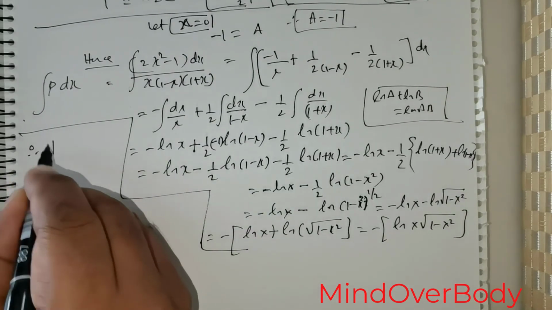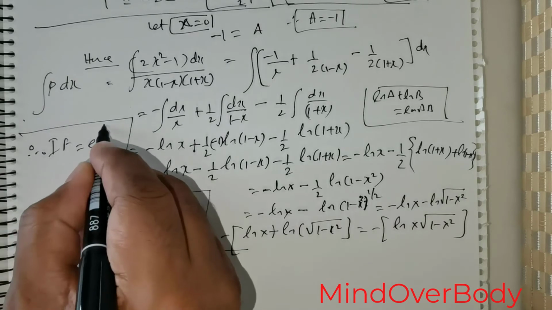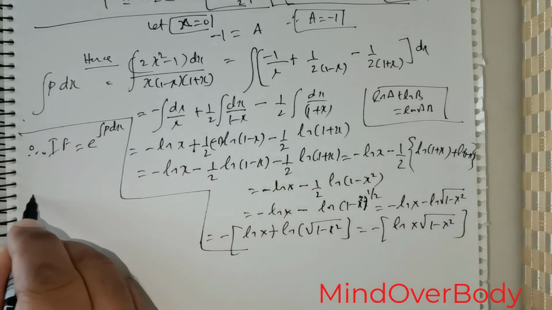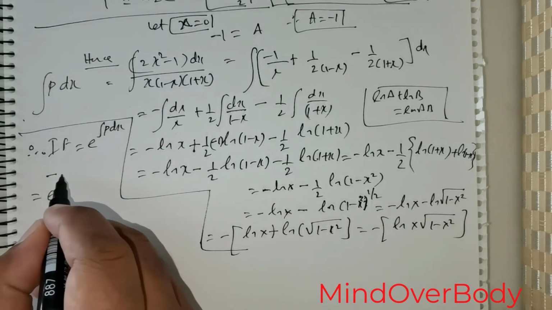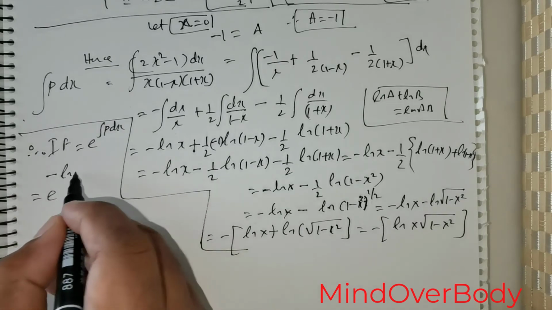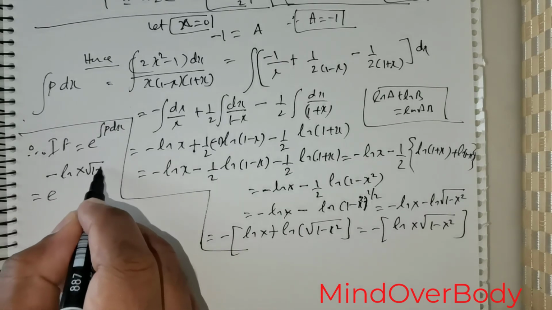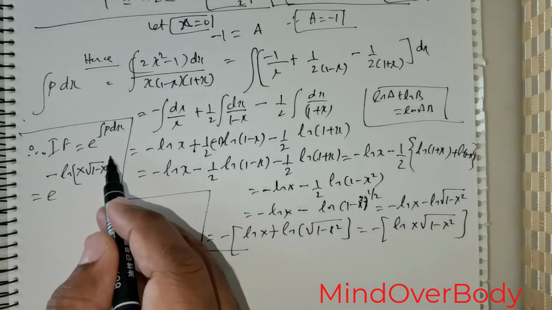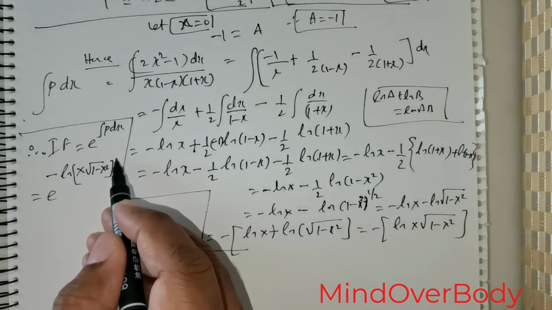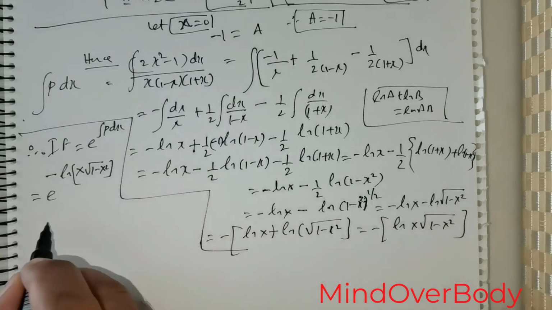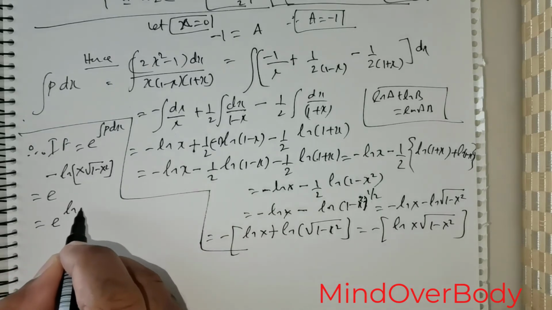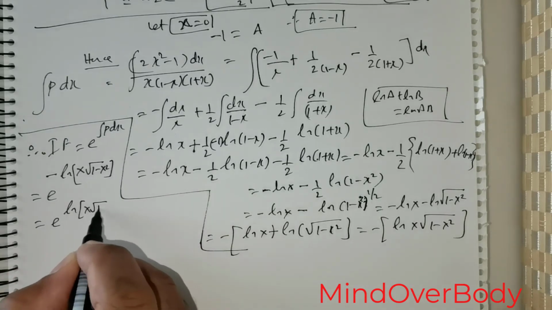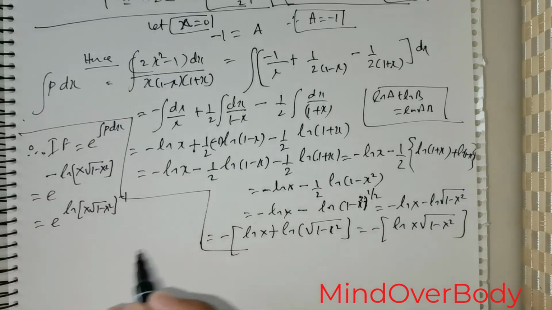So therefore the integrating factor is e raised to the power of integral p dx, which is equal to e raised to the power of negative ln of x times root of 1 minus x squared. So this is what I've got. Now I can throw this negative sign over to the whole of this. So that's going to be e raised to the power of ln of (x times root of 1 minus x squared), raised to the power of negative 1.